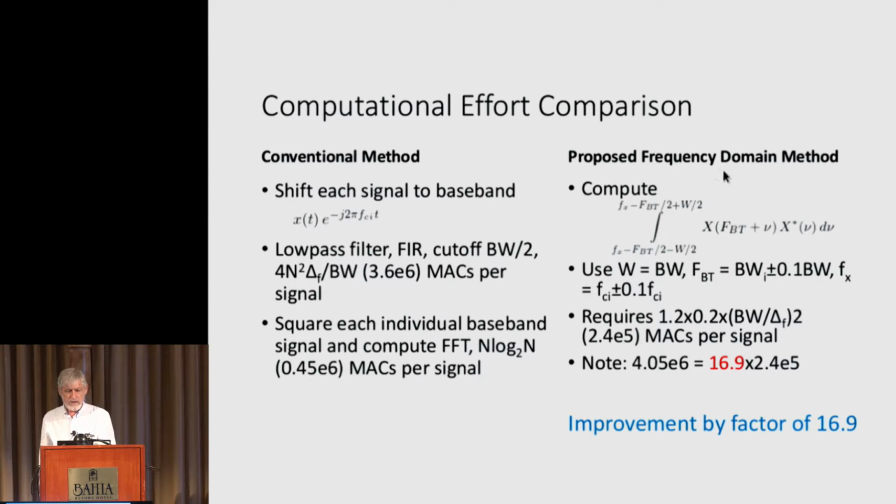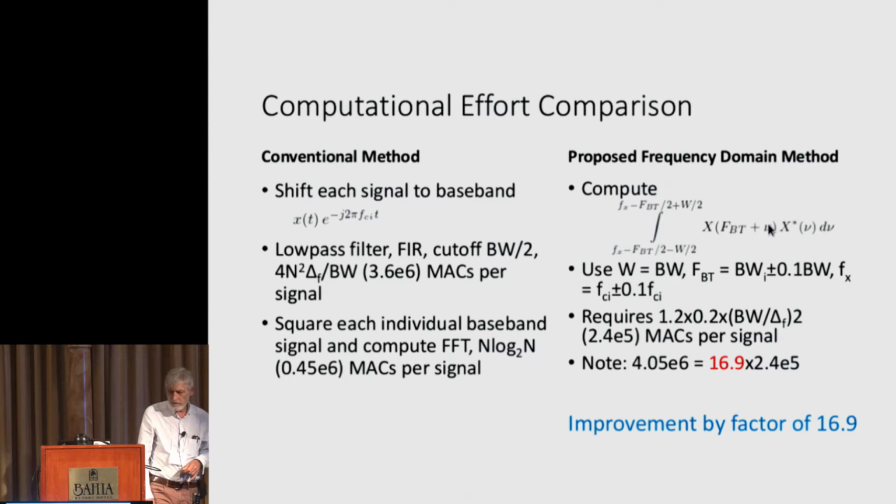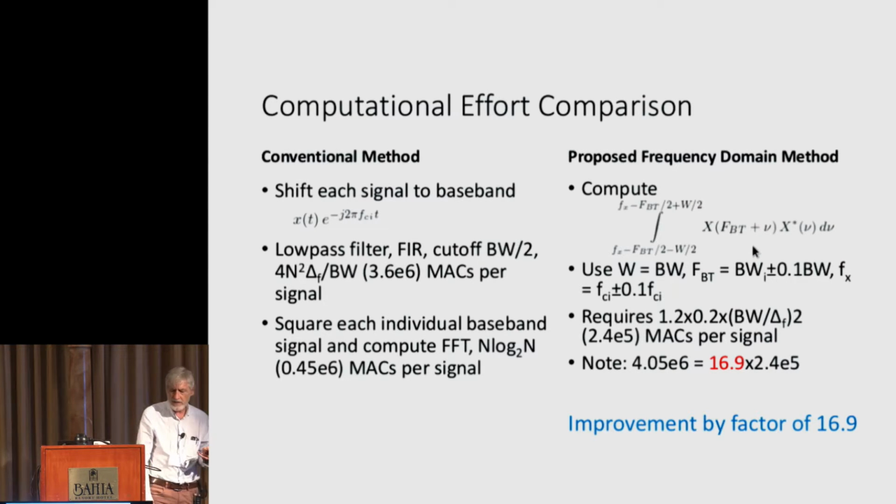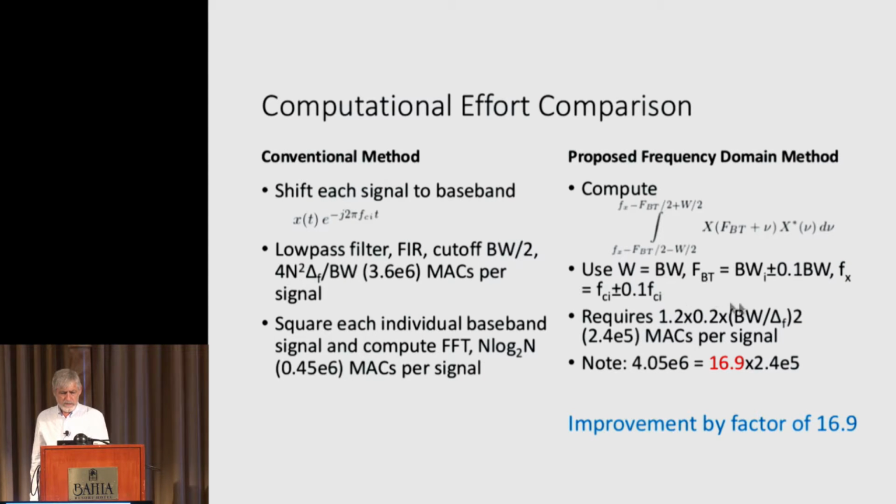In the proposed frequency domain method, I have to compute those integrations over those wide bands that I had in the frequency domain. And because I know where the center frequencies are to a fairly accurate degree, and also what possible baud rates are, I only have to vary over those parts. And so I assumed that I have to go plus minus 10% on the baud rate and plus minus 10% on the center frequency.